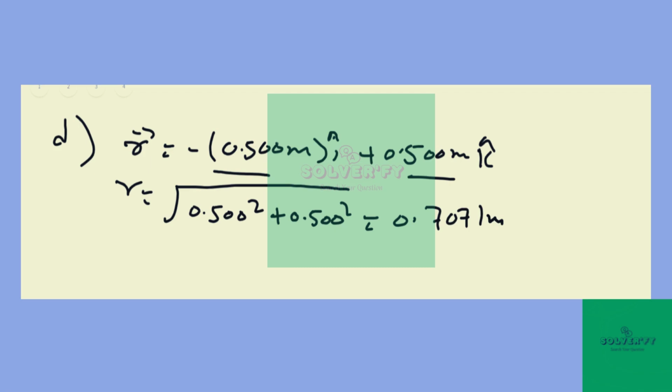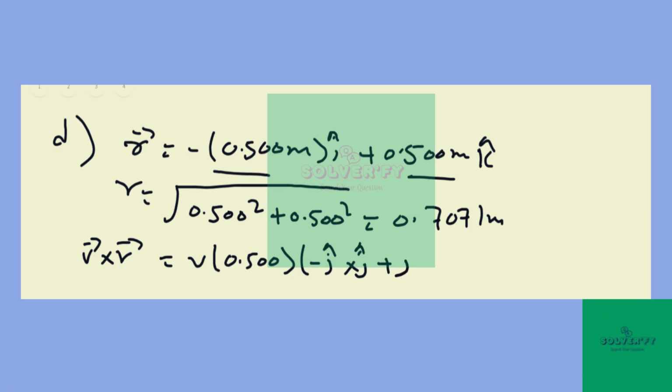From here we can find B by substituting the value for v cross r. First, v cross r will be v times 0.500 meter, times minus j cross j plus j cross k. This gives us v cross r to be 4 times 10 to the power 6 i.